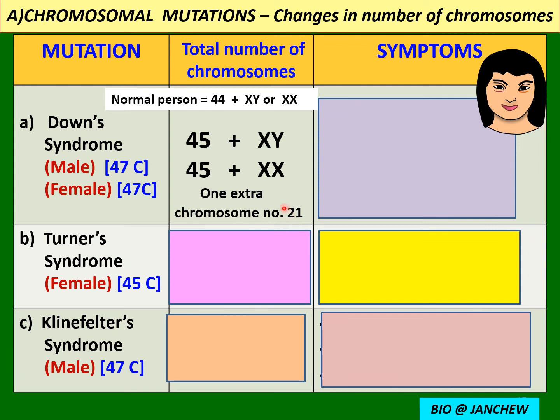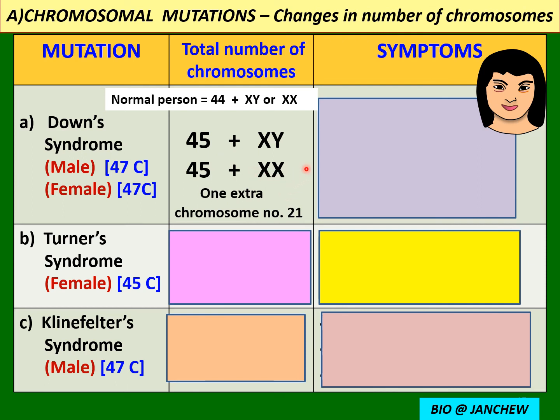In a normal person, there are 2 copies of chromosome 21 in each diploid cell, but for a Down syndrome individual, there are 3 copies of chromosome number 21 in each diploid cell.